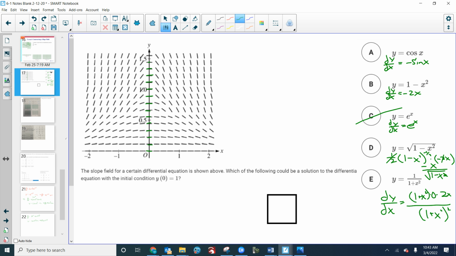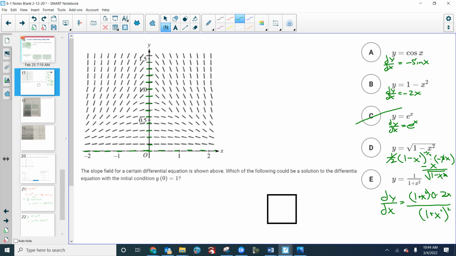What's the second thing that would be easy? When y is 0, the slopes are 0. All right. What else? What do all the slopes look like in the first quadrant? Negative. All in the second quadrant, positive.